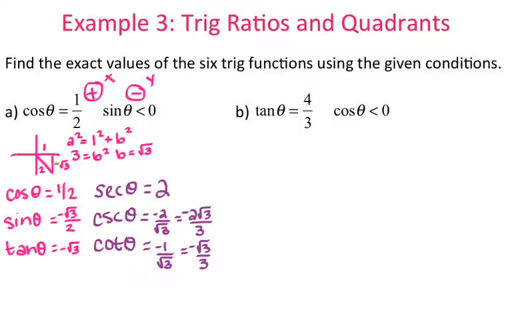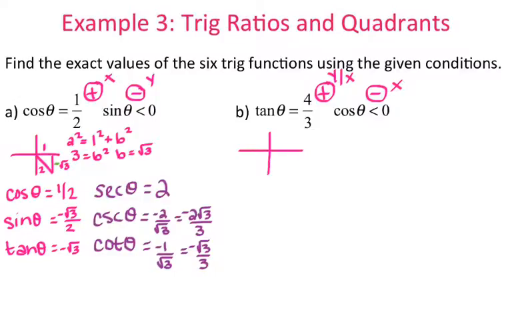Alright, so the next one I'm looking at is tangent of theta is 4/3 and cosine is negative. So I can clearly see that 4/3 is positive. And tangent comes from dividing y over x. So I'm looking at when I divide the coordinates, which one is going to give me a positive value, as well as cosine of theta being negative. Cosine's my x coordinate, so I'm looking for when my x is negative.